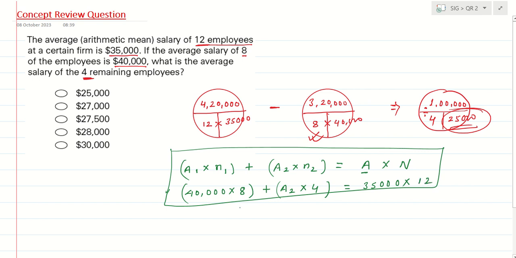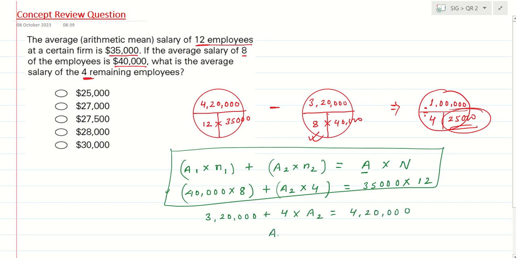Same thing everybody. Am I doing anything new? Nothing, exactly the same. So I'll get 3 lakhs 20,000 here plus 4 into A2 equals 4 lakh 20,000.